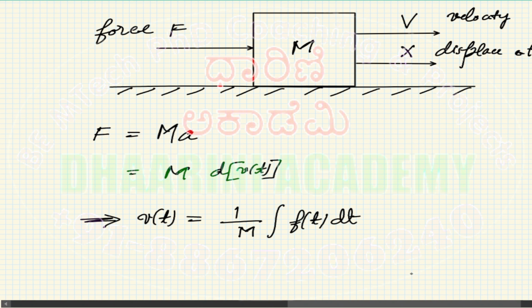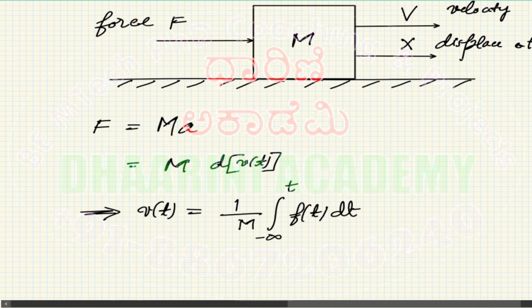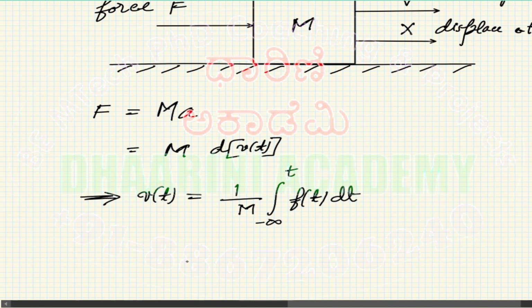Let's proceed one step further. You see this integral is from minus infinity, all the past values, until the current time. So this is the meaning of the force. Now we'll try to split this. It is 1 by m, keeping 1 by m as it is, times the integral from minus infinity until the time you give the force.